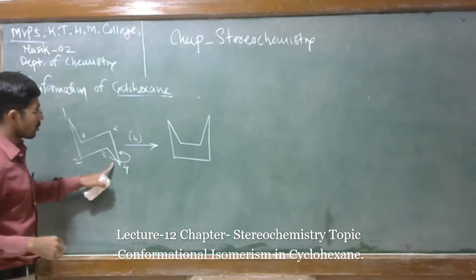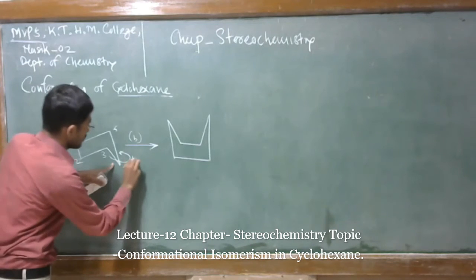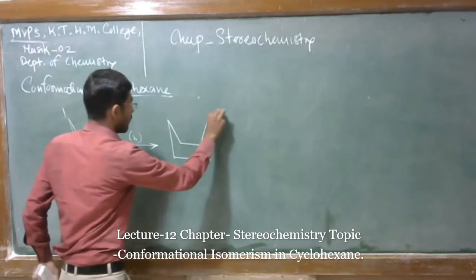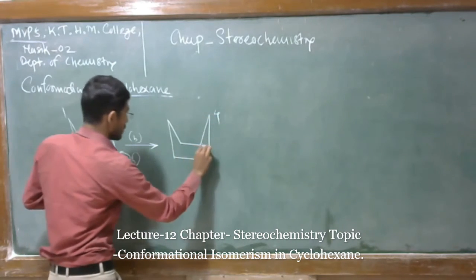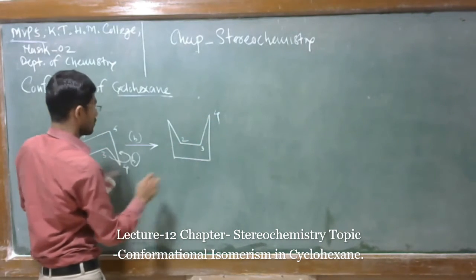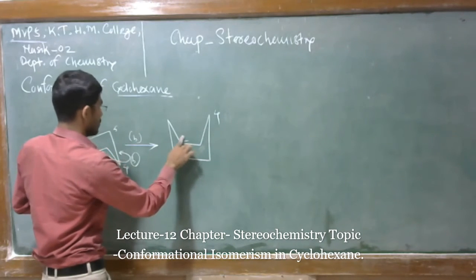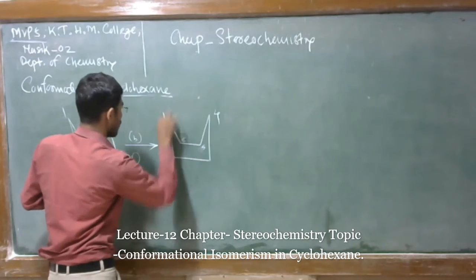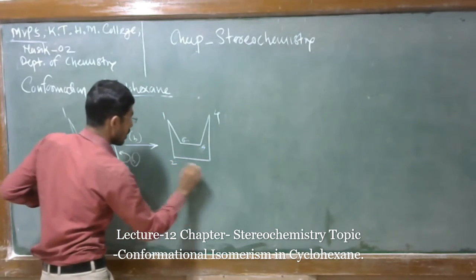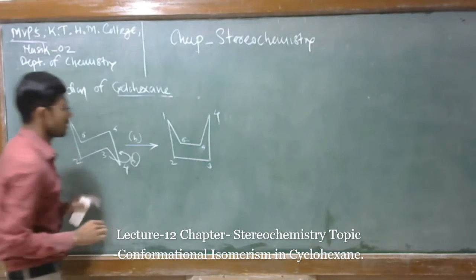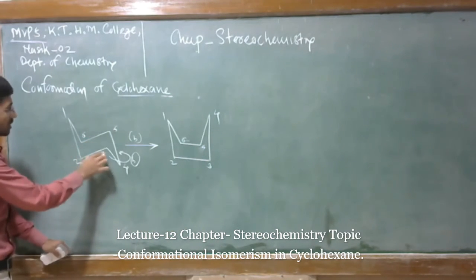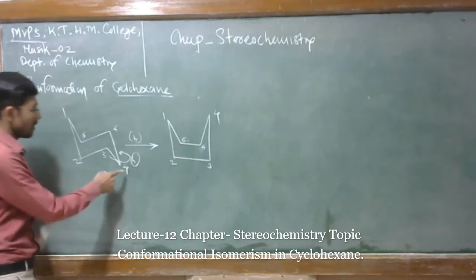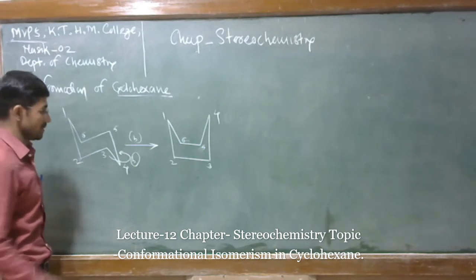After this rotation, carbon 4 comes to this position, then 5, 6, 1, 2, 3 like this. In the boat form carbons 5, 6, 3, 2 come into one plane, and 4 and 1 are above the plane.